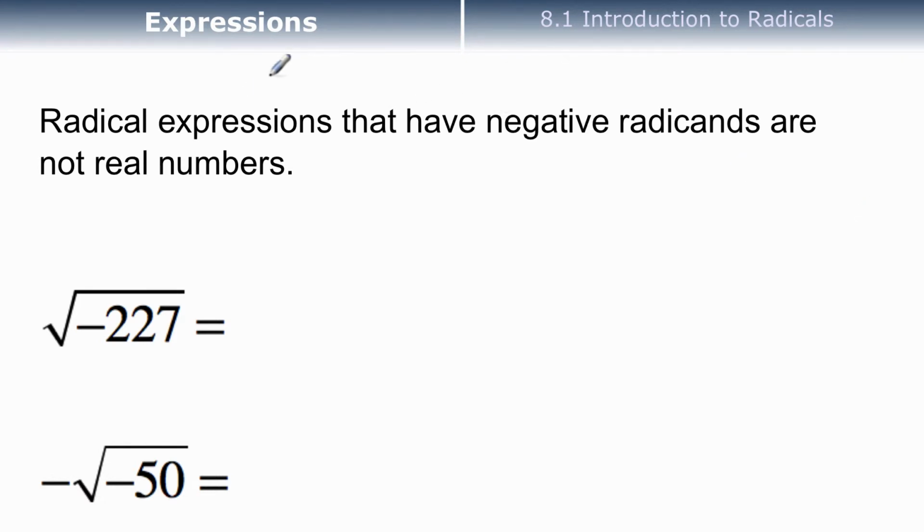One little rule that you have to worry about with radicals is that typically, unless we're talking about complex numbers, if we're looking at real numbers, we can't take the square root of a negative number because there are no two identical numbers that will multiply to give me a negative number. For example, if I wanted to figure out the square root of negative 25, you can't do that.